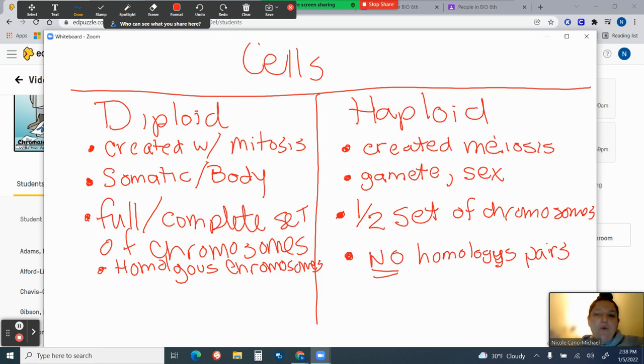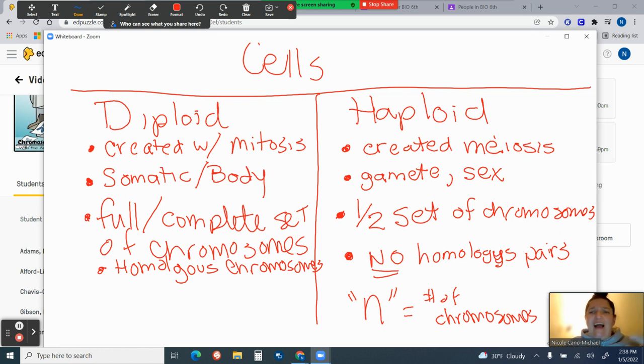So instead, what we do is we use a little mathanese, if you will. For my math people, there are these things called variables. They're just letters. They're placeholders. You know that from your algebra classes. For the haploid cell, we always say that N equals the number of chromosomes. So for whatever species, like for humans, that N would be 23 for my haploid. If I was a dog, the N would represent 39.